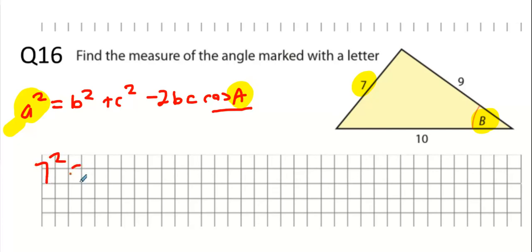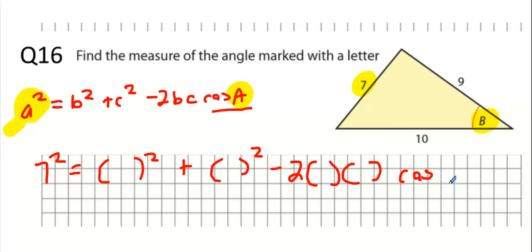So 7 squared equals b squared plus c squared, or the other two sides squared, minus 2 times one side multiplied by the other side, cos b. The other two sides are 9 and 10. So I'll just put them in these positions here.